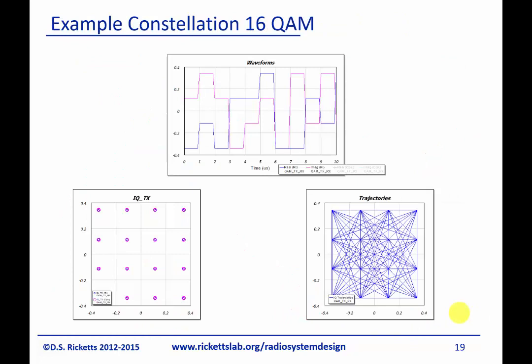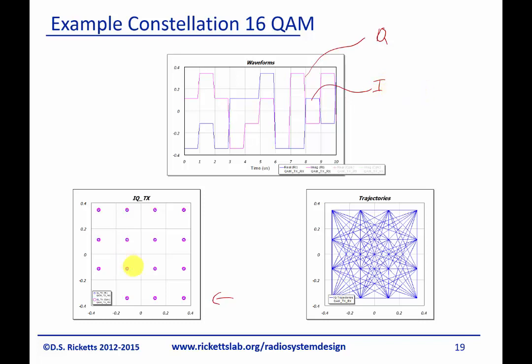I want to take one final minute to talk about what these constellation diagrams look like. And so down here on the left is a simulated version of a 16 QAM, meaning there's 16 points. And up here, I may not get these right, it doesn't matter if they get reversed. So here is your quadrature, and the blue is your in phase.